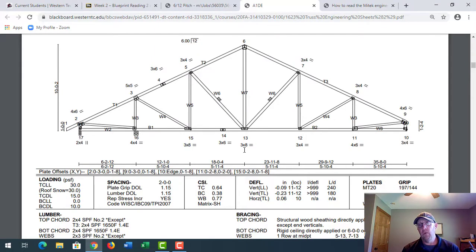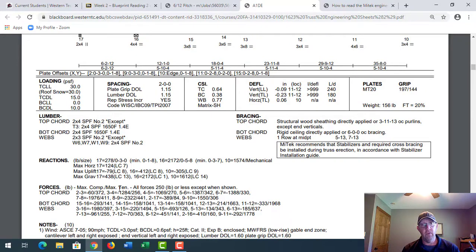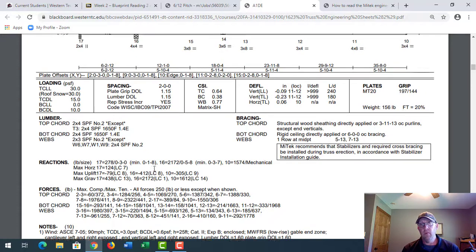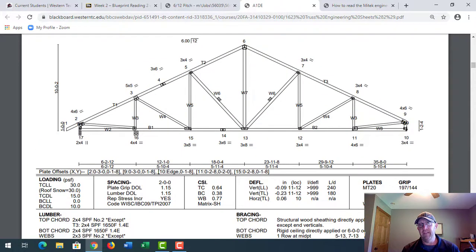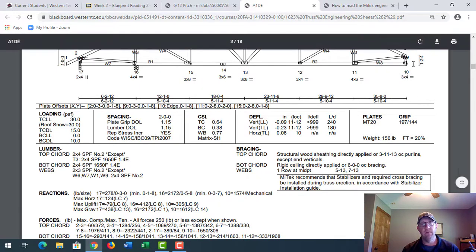It just goes to show you how things can be different. All right, so here's 17, here's 16, and then if we go over to 10, on this far end, we have 1,574 pounds.